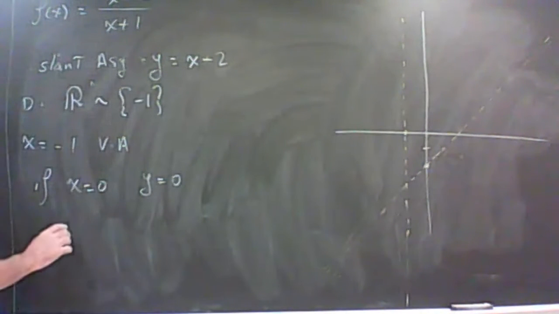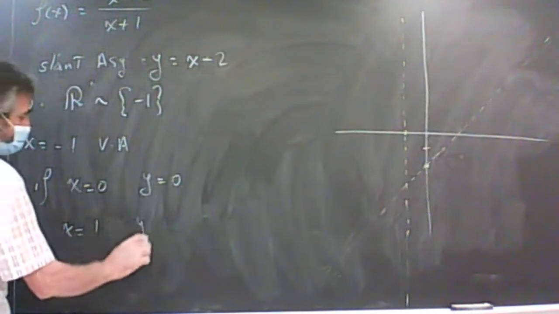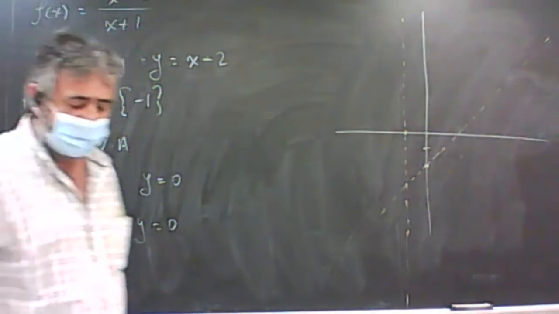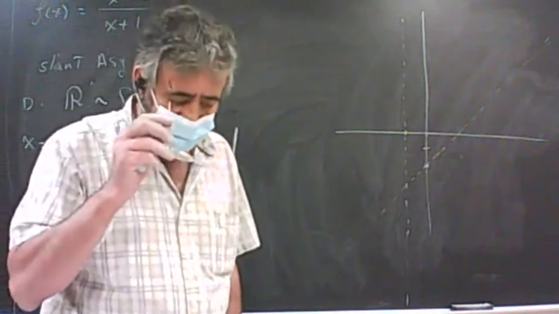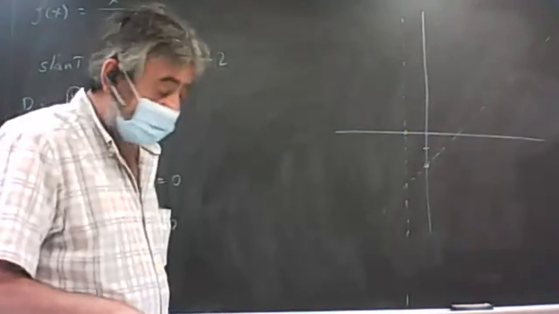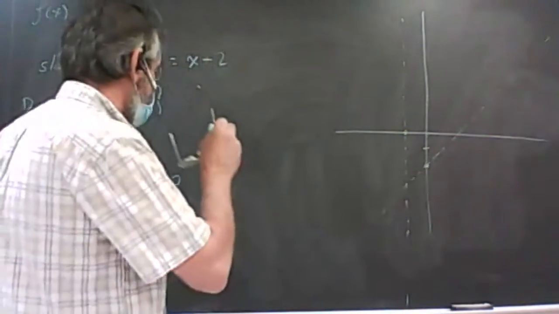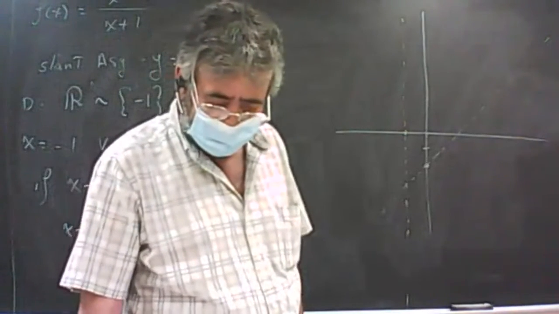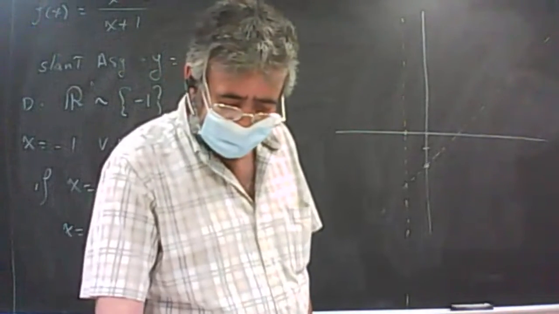Actually, also if x equals 1, y equals 0 as well. So we have 2 points. Let's say if x equals 0, y equals 0. Let's say x squared minus... no, that's not one.